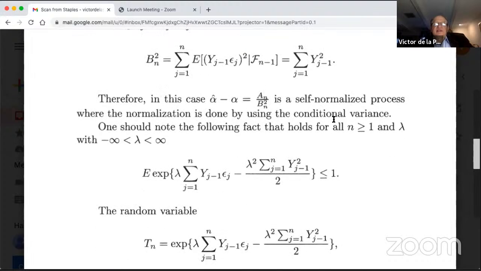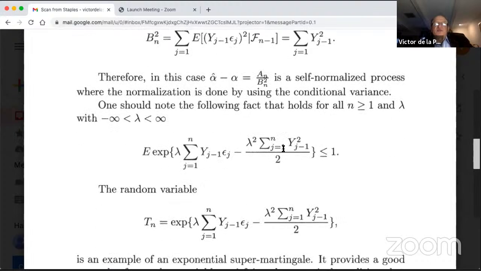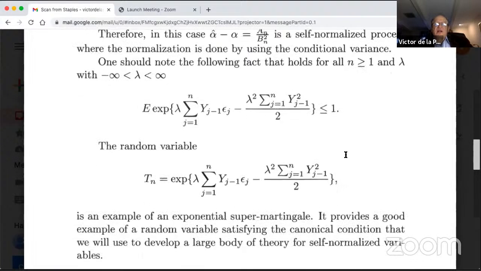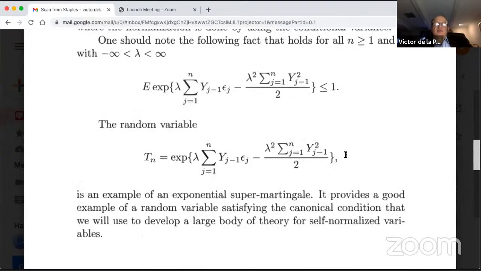Now, this is the most important assumption: the expected value of e to the lambda times the sum of yj minus 1 epsilon j, minus lambda squared times the sum of yj minus 1 squared over 2, is less than or equal to 1. This random variable is an example of an exponential supermartingale, for all lambda between minus infinity and plus infinity.